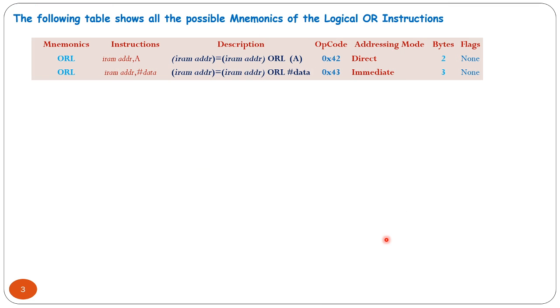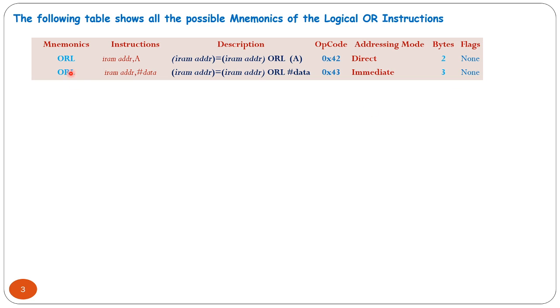The following table shows the possible mnemonics of the logical OR instruction. The columns are mnemonics, description, operation code, addressing mode, number of bytes, and flags.